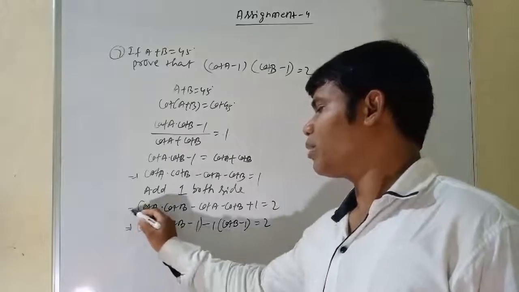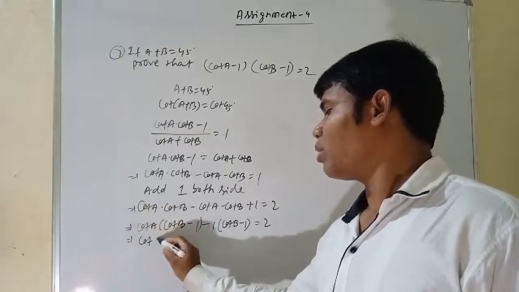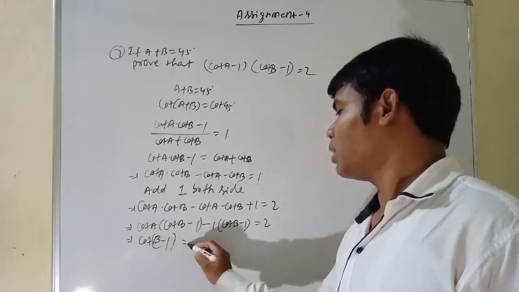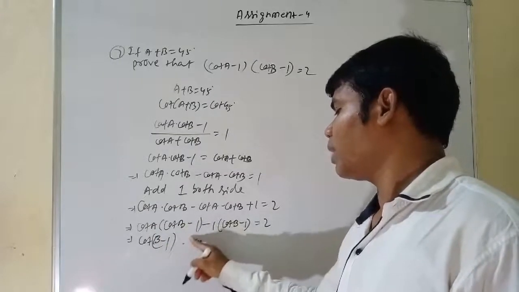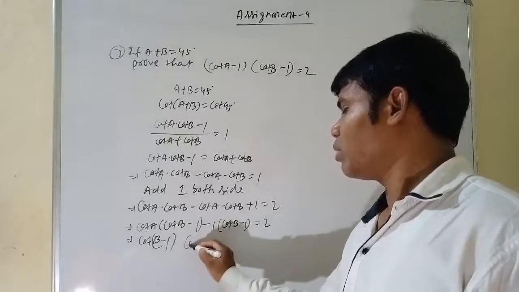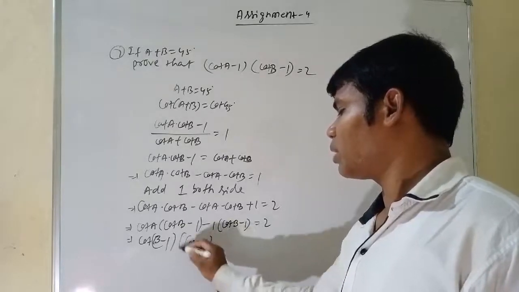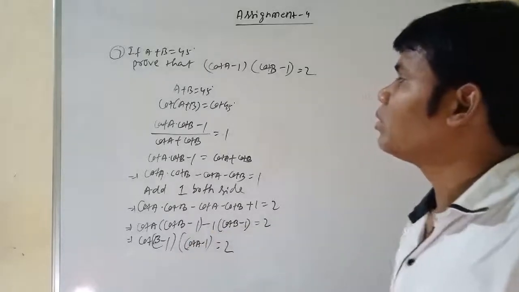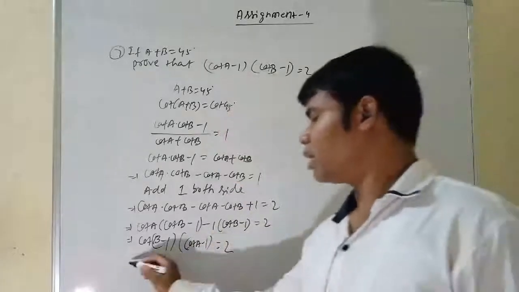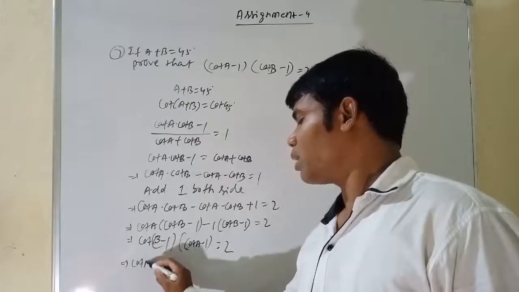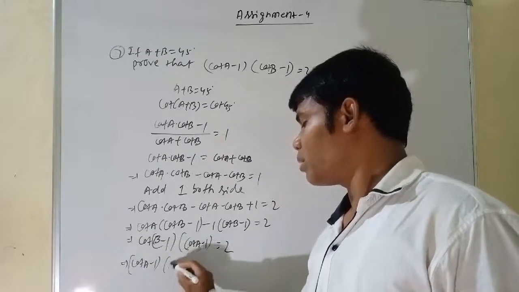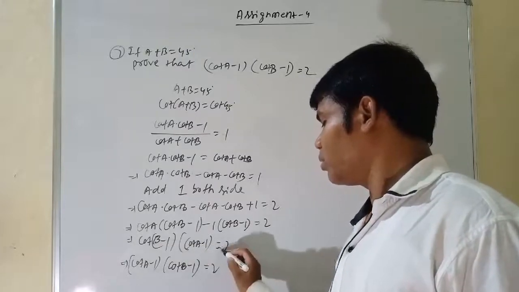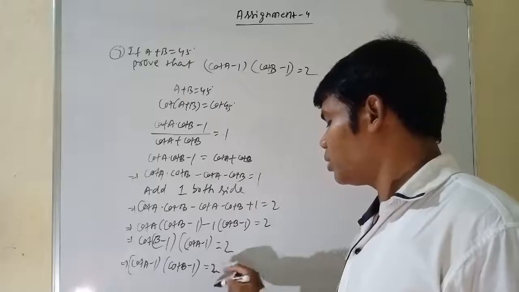That means cot a minus 1 into cot b minus 1 is equal to 2, which is what was given. Implies cot a minus 1 into cot b minus 1 is equal to 2. Proved.